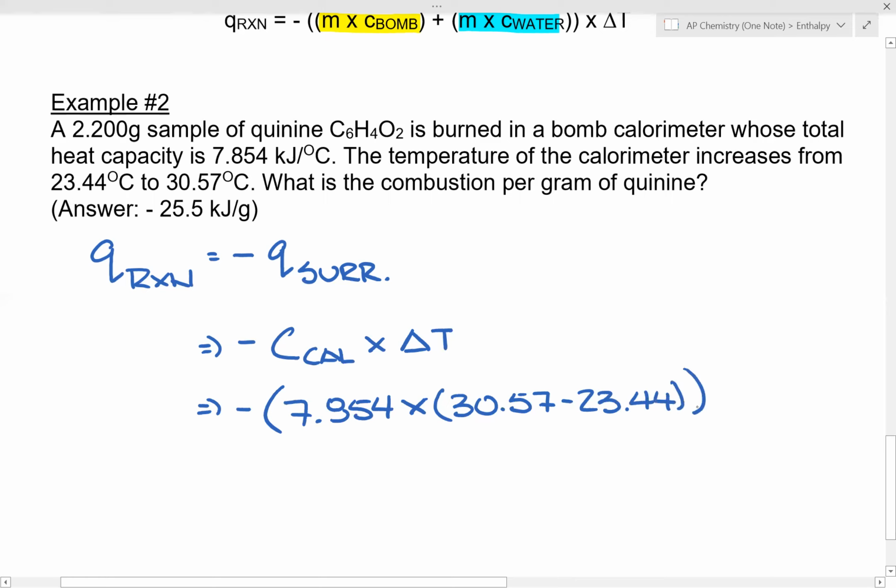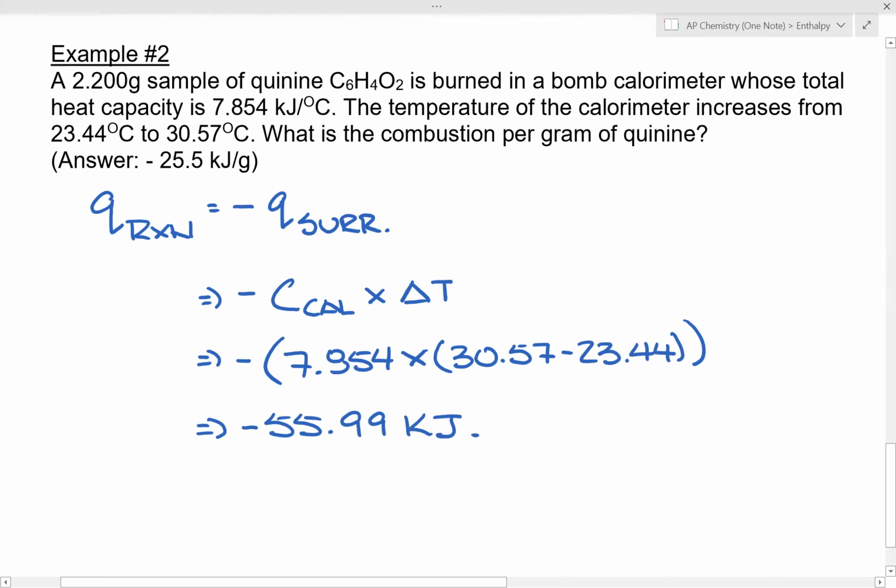If we do that, 7.854 times 30.57 minus 23.44, I get an answer of negative 55.99 kilojoules.